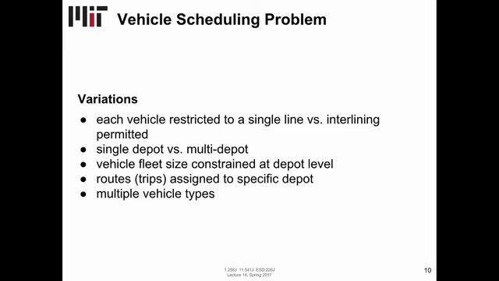One possible variation is related to vehicles servicing single lines or single routes, or interlining between different routes. The other variation is the possibility of having multiple depots in the network.